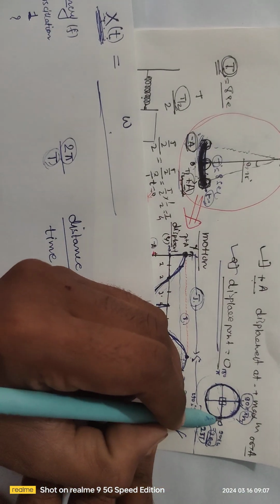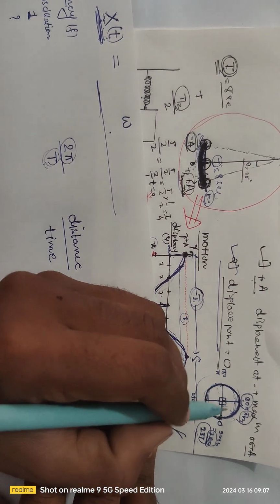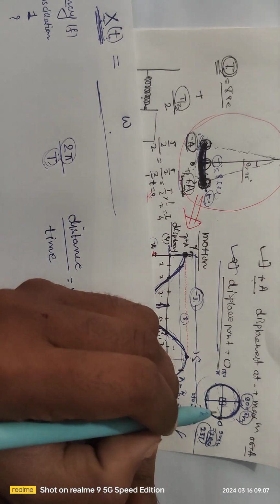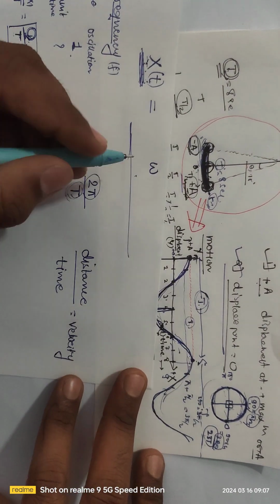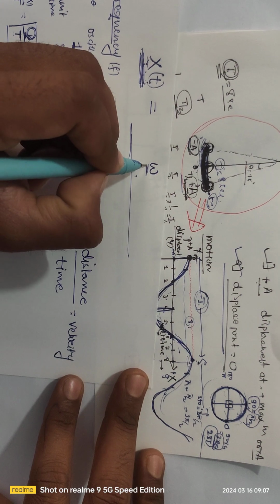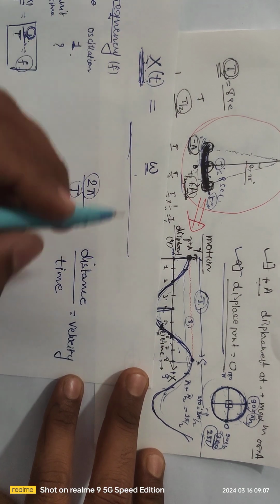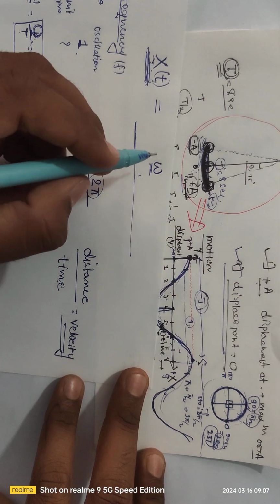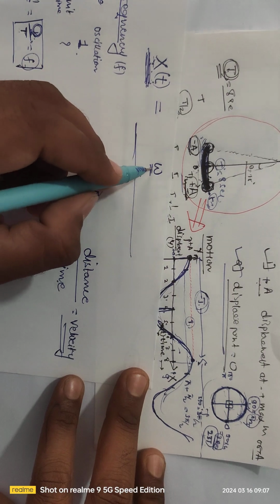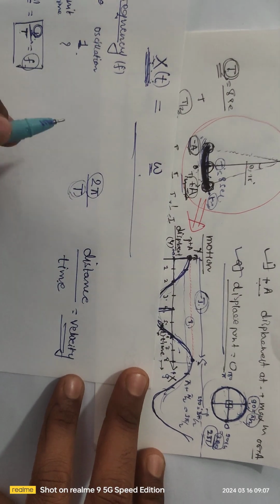It is angular: pi by 2, pi or 180 degrees, 90 degrees. So this is linear frequency, and here omega is called angular frequency. But distance upon time is velocity, so we can also call it angular velocity. Omega is called angular velocity.